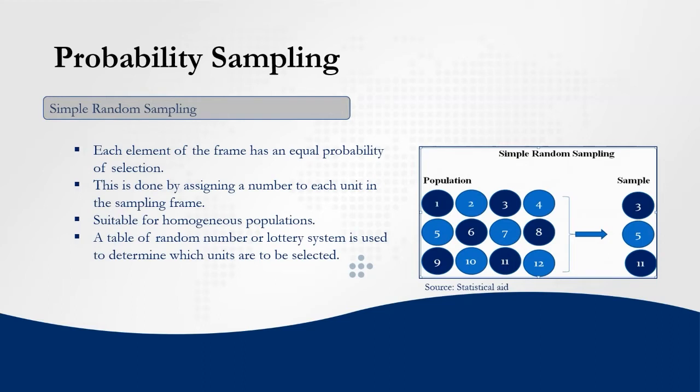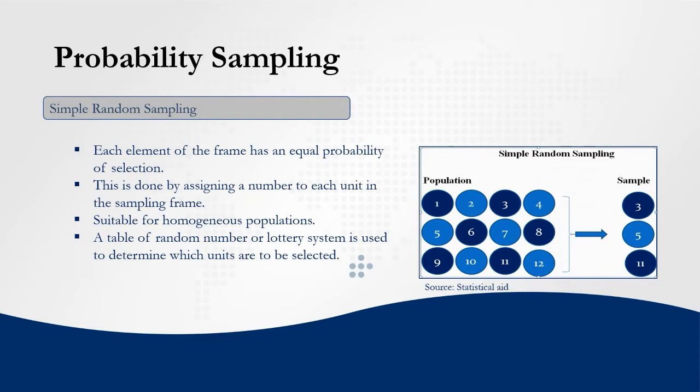The exercise is meant to give you a practical feel of how you can select your own sample. So in terms of simple random sampling, this particular scheme is a probability sampling approach. With this one, every element of the frame has an equal probability of selection. If you're not going to use random numbers or Excel or a program, people will number their population units, cut pieces of paper, one piece representing one population unit, put them in a jar, and then take them out randomly, and that would constitute your sample.